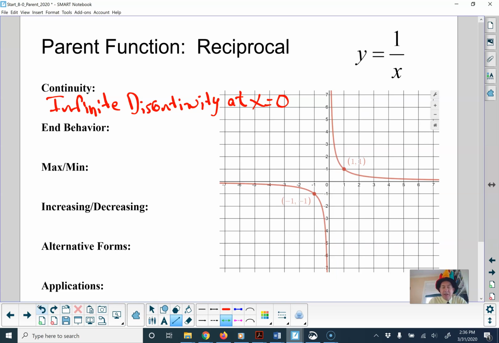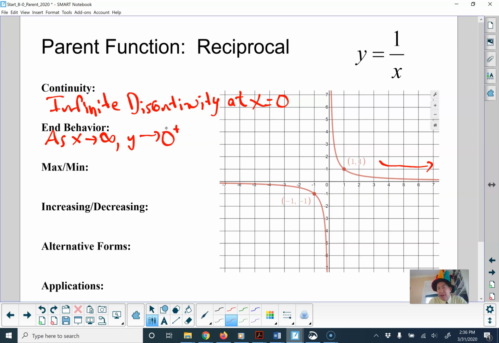End behavior. As x is going to infinity, y is going to 0. But it's always positive. So when x gets to 100, y is 1 over 100.